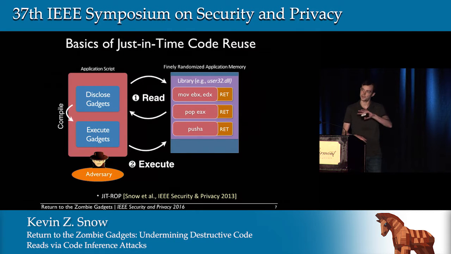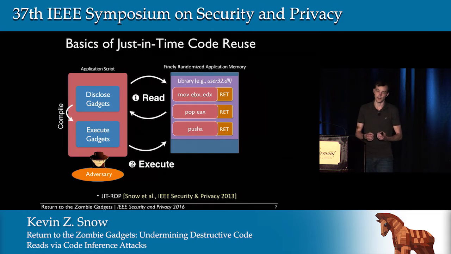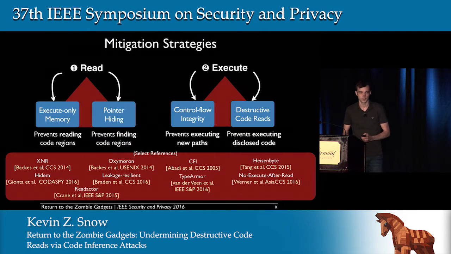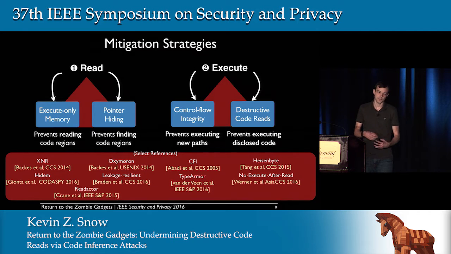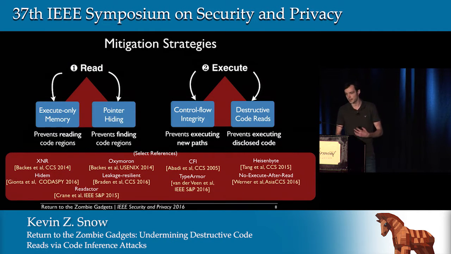Then within their script, they can take all those gadgets and automatically compile a payload composed of a sequence of gadget pointers to implement their malicious logic, and then redirect program control flow to point to that payload. Fortunately, over the last few years, there's been a whole slew of defenses designed to mitigate this sort of multiple memory disclosure exploit scenario.